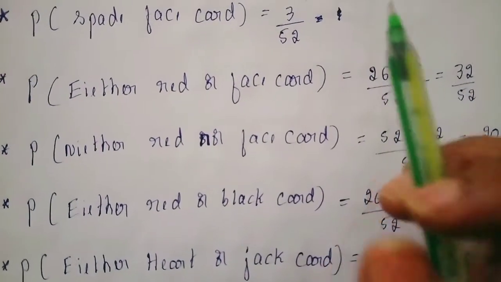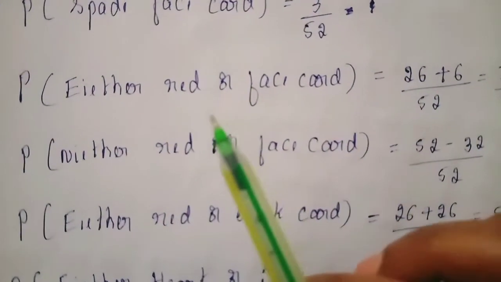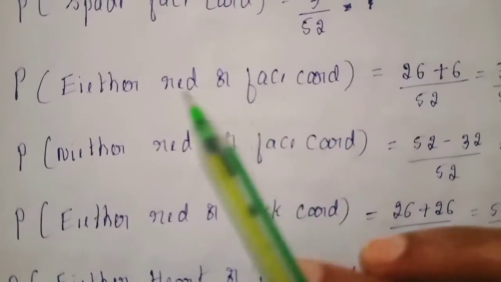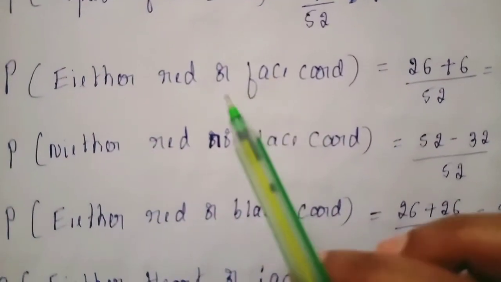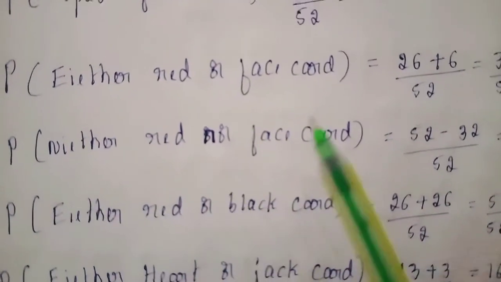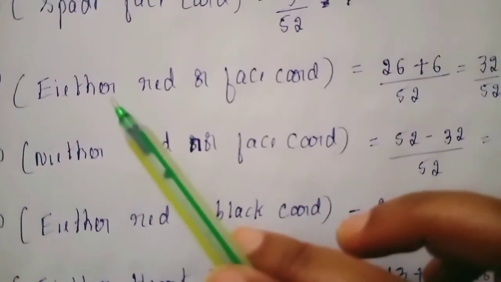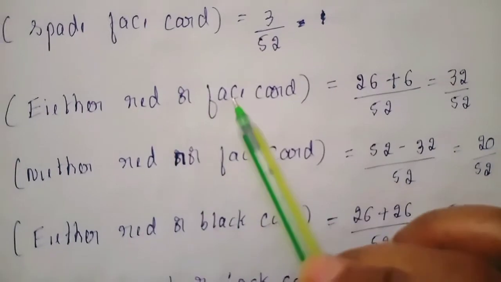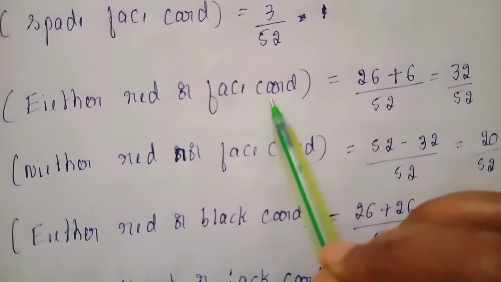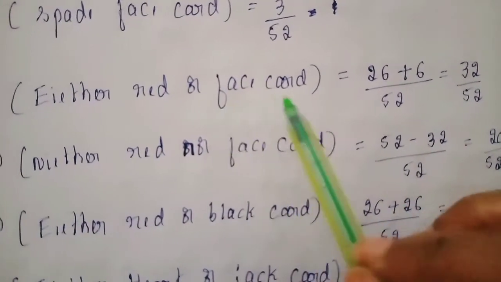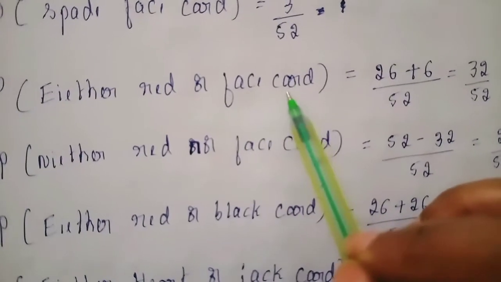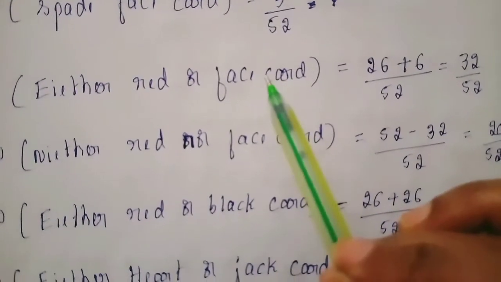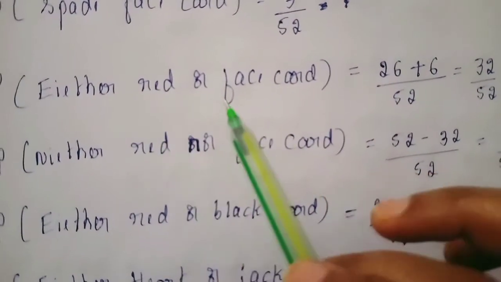So in the last video I explained you what is meaning of either or, neither nor. Either or means include, neither nor means exclude. So here what I have to include? Either red. I have to include all the red, and I have to include all face cards because color is not given here in face card. All the face card. Concentrate, very, very important question. Either red or face card.